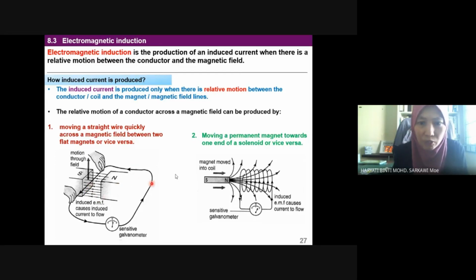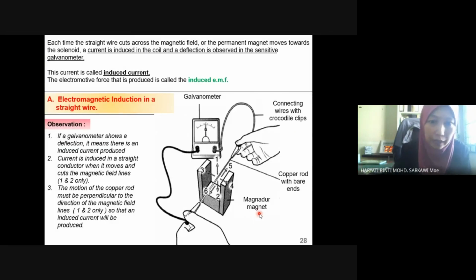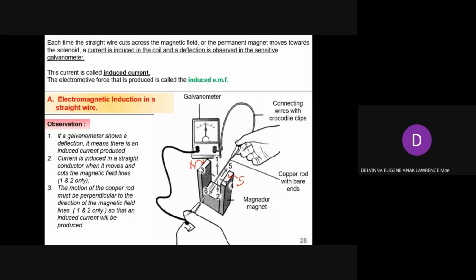If you use a coil solenoid connected to a galvanometer and move the magnet in and out, you will also see the current. It is the same, but you must remember the magnetic field lines must be cut. Say here is the north pole and this side is the south pole.